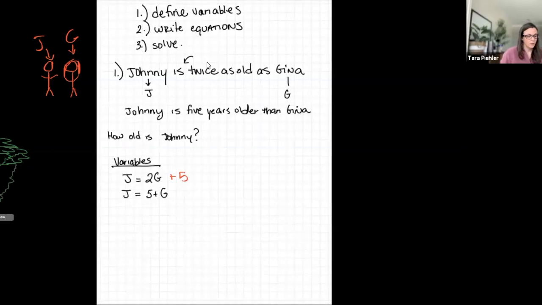Now, what we learned before is there's 2 ways to solve this. Does anyone remember the 2 ways to solve linear equations? The elimination method and the substitution method?